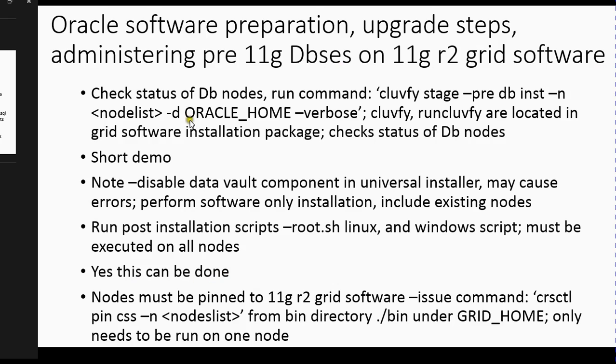You just have to make sure that you run these commands to identify the different nodes and check on the statuses. In terms of using pre-11G databases on 11G R2 grid software, you just have to pin those nodes to the 11G R2 grid software.